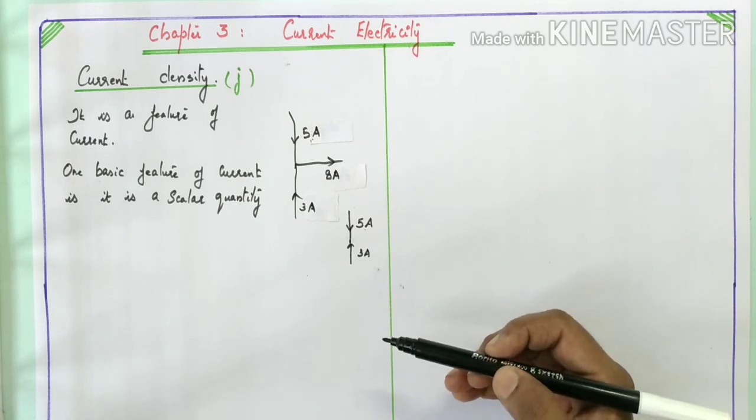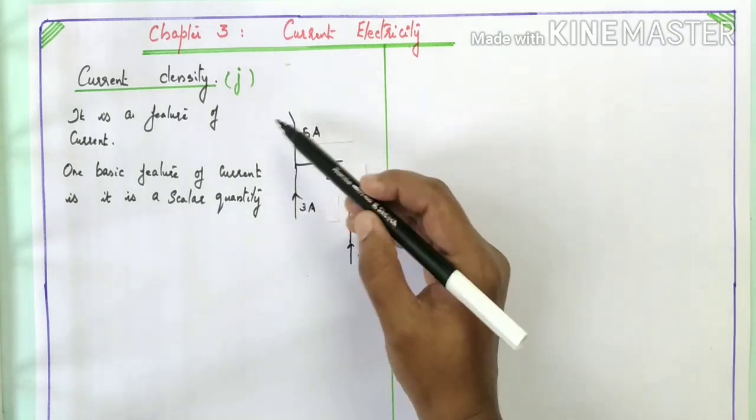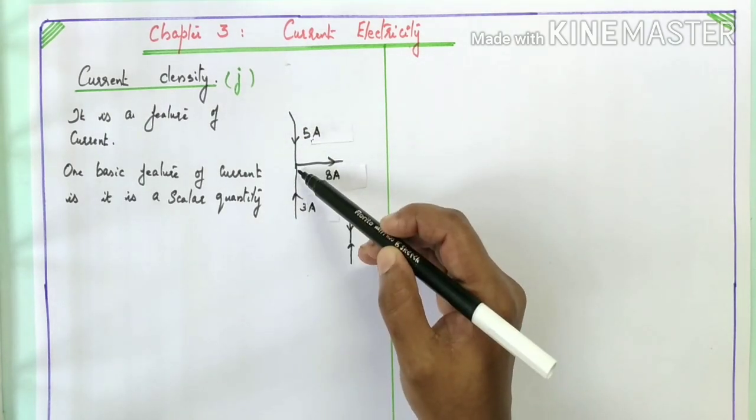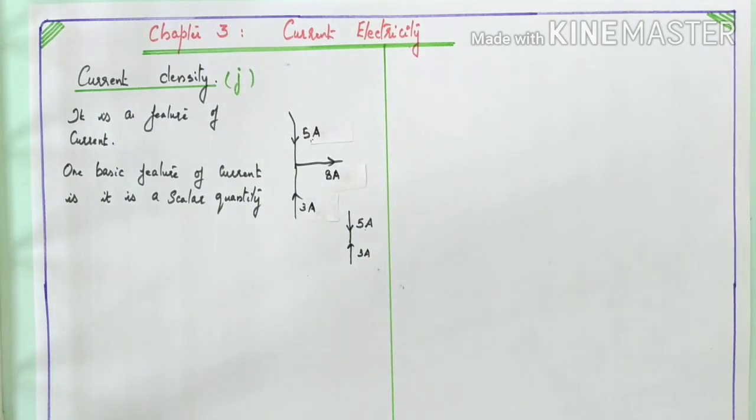But actually in a normal circuit, it does not satisfy this. That is not true. 5 ampere and 3 ampere just combine as normal addition to form 8 ampere. So current does not follow the vector addition method. Current follows the normal rule of scalar addition. Even though current has magnitude and direction, it does not satisfy vector addition.